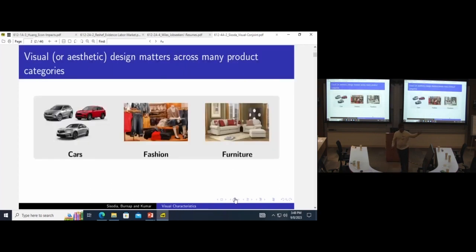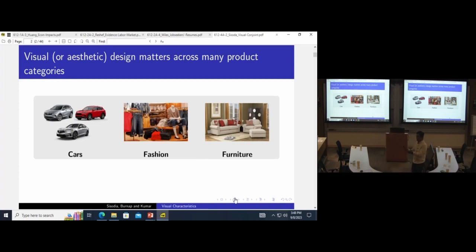So to start with, I think you already saw in the first talk that a lot of marketing depends on the visual imagery. And that is because when people go and buy these types of products like cars, fashion or furniture, they are not just buying the products based on the performance characteristics.